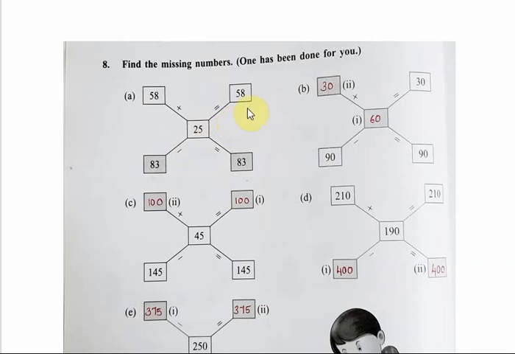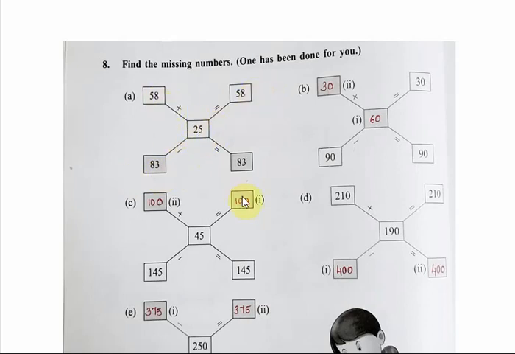So let us start from here. 58 plus 25 is 83, so we will get the answer 83. You can see here 58, 25, 83 in this line, and here 83, 25, 58 in another line.